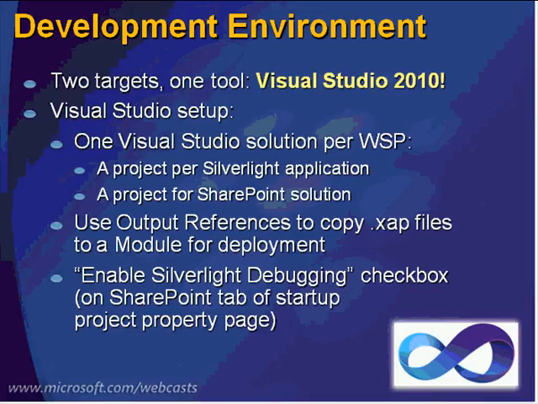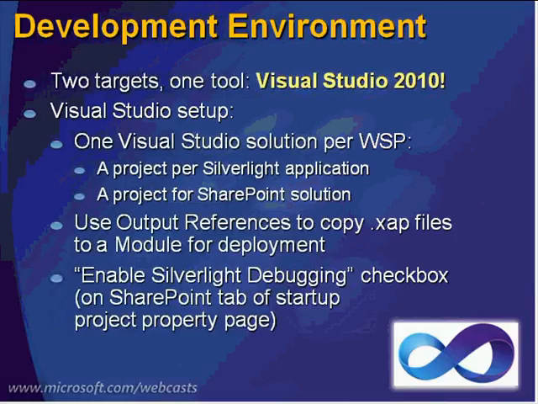The development environment is Visual Studio 2010. It makes it very easy. The setup is basically to create a Visual Studio solution for your SharePoint project. You're going to make a solution for each WSP. So everyone should be developing for SharePoint. They should be building these web solution packages, which are now natively supported in Visual Studio 2010 and quite easy to create, even though they were kind of hard to create before.